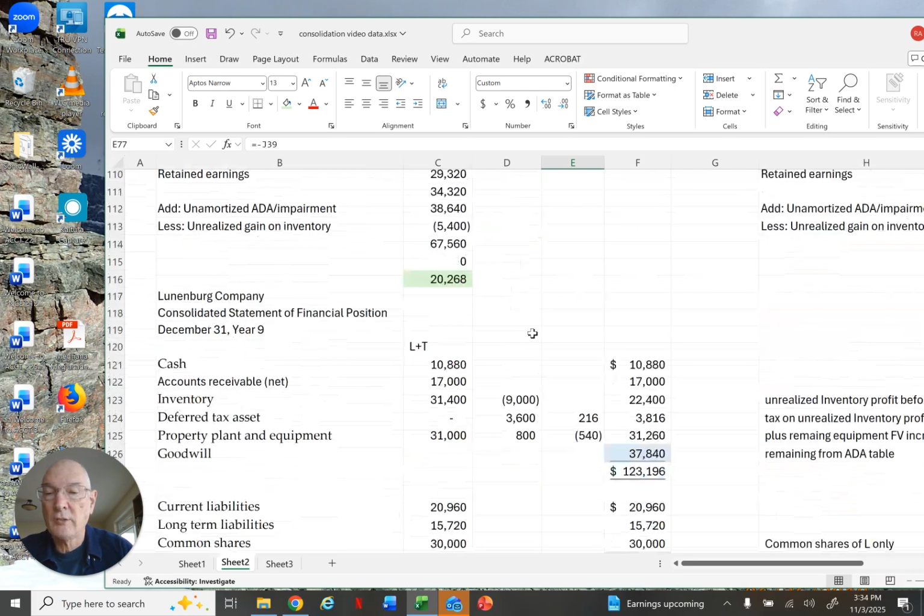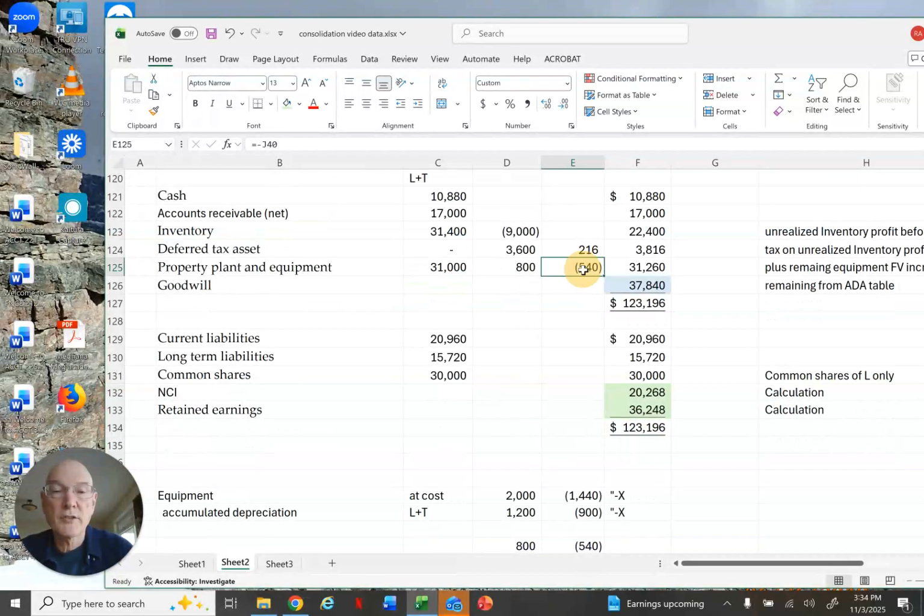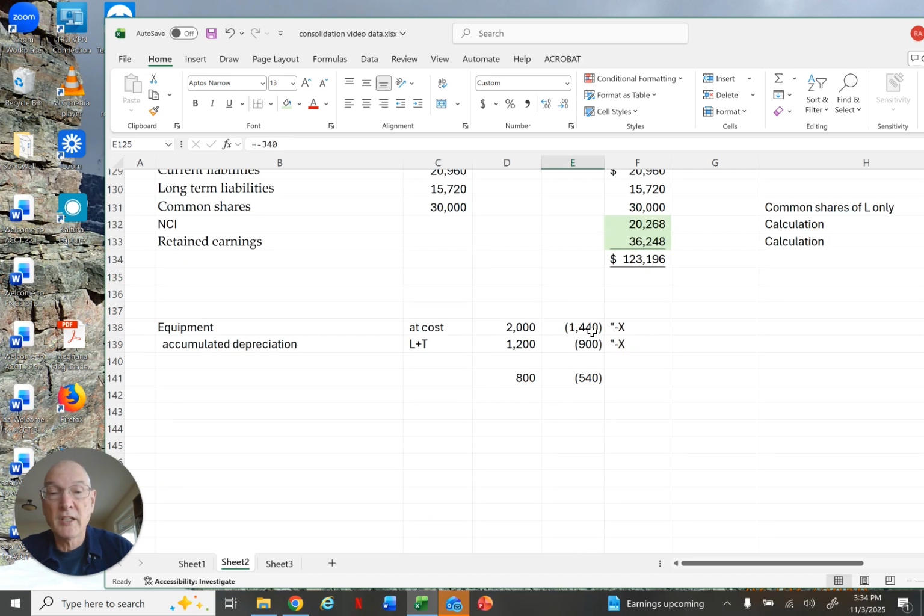Oh, sorry, I want to look at the balance sheet. So here's our minus 540 for property, plant, and equipment. So we're going minus 540 as the total, but if we were doing this at cost less accumulated depreciation, we would have both of these numbers and they would net to 540. So I hope you can see that in both cases, we're netting to the same number that we have above in the way that we decided to do our balance sheet.